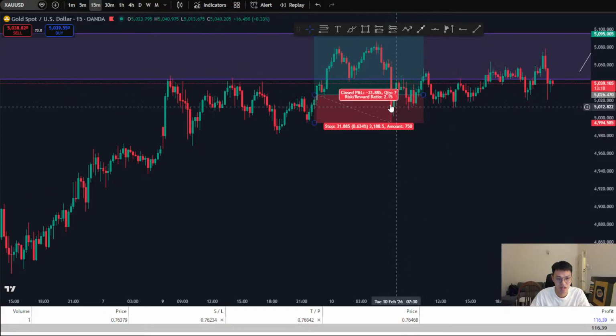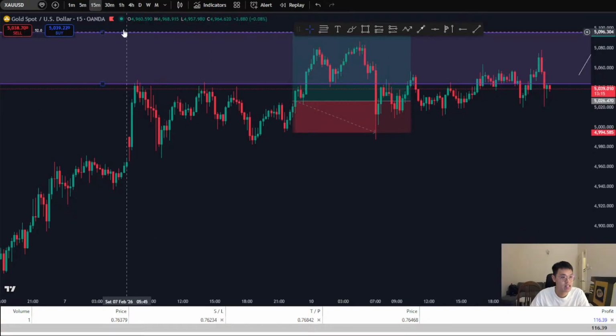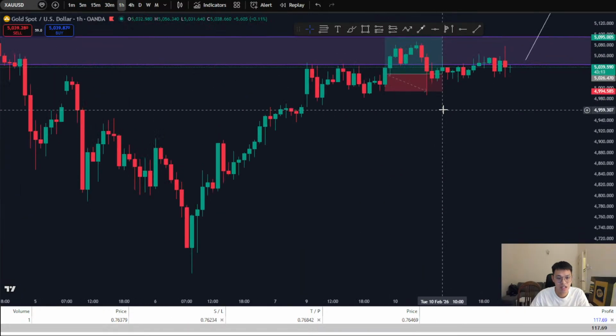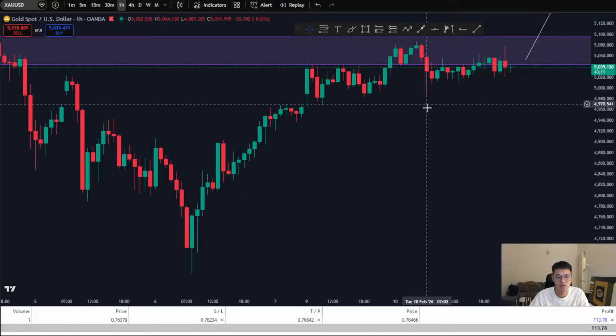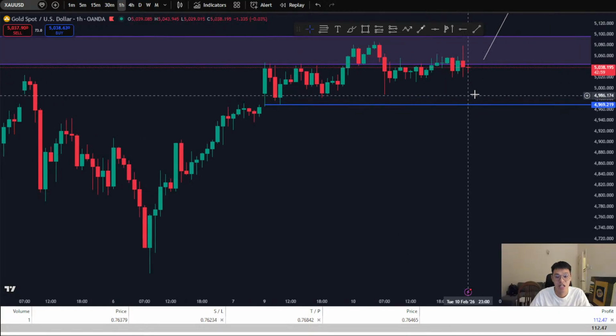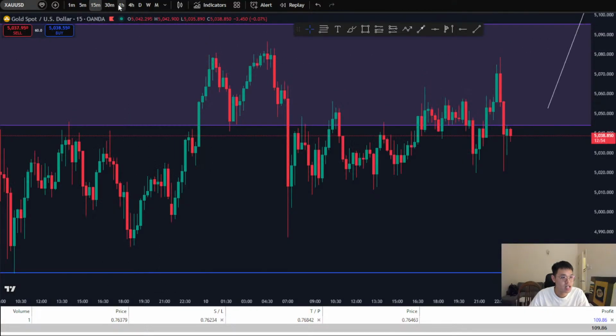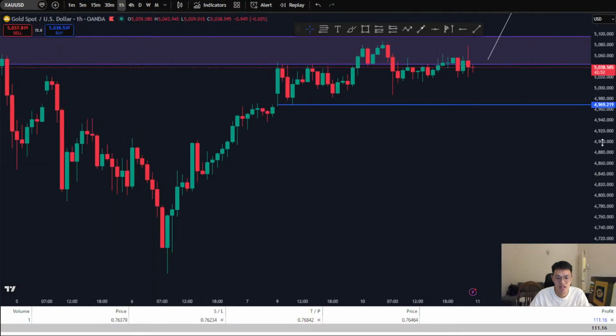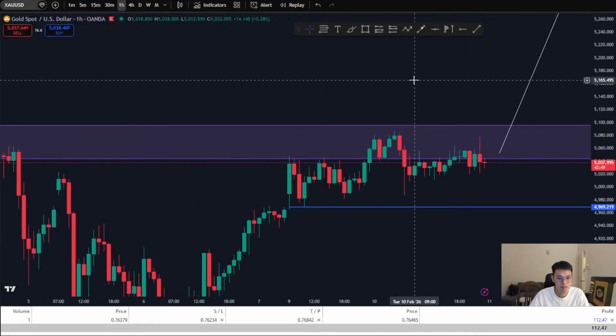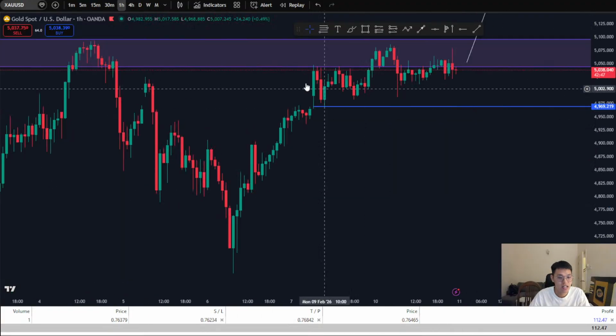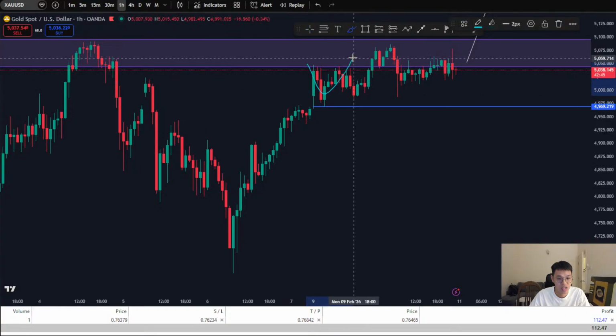And we can also see that, if you know how to identify or recognize the structure of the price, the price still didn't break the significant low in the 1-hour chart. Which means that the price still has the opportunity to go up again. It's just that the price starts to make a consolidation.